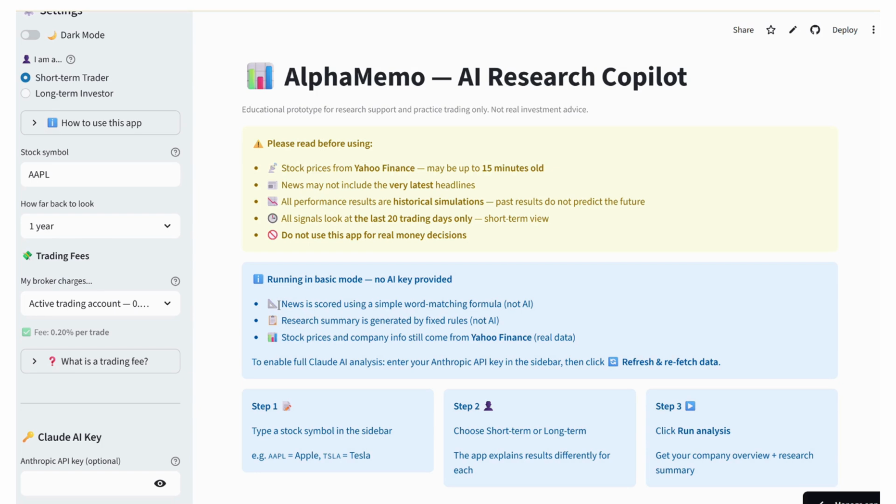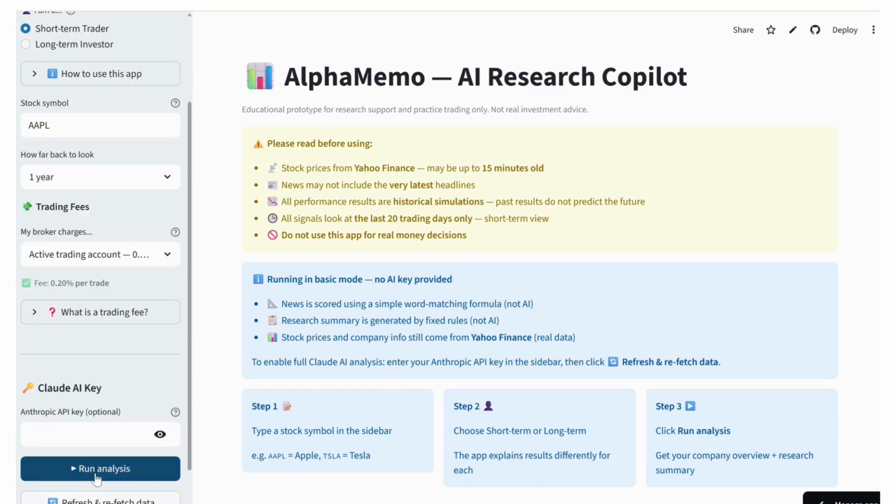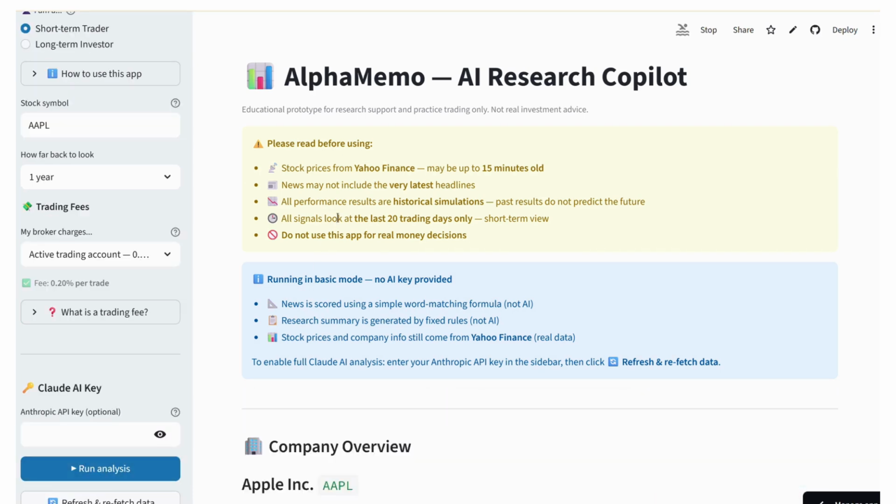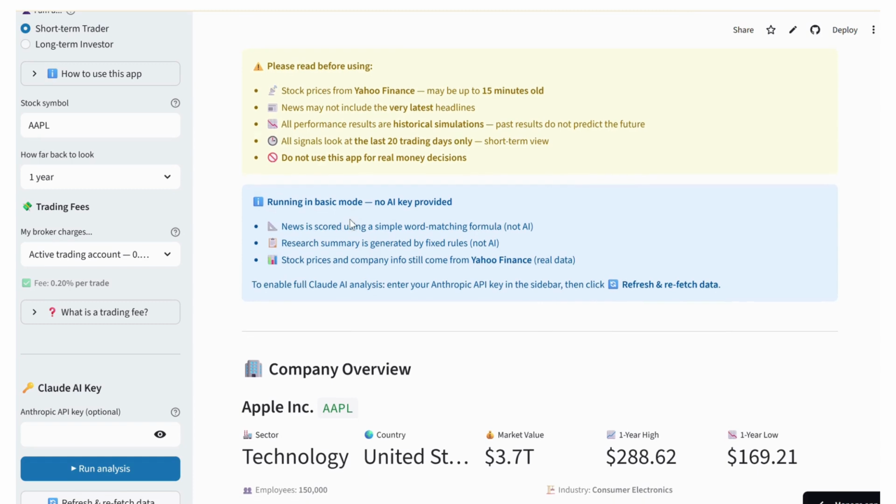At this blue box, the blue box says running basic mode, no API key, but the app still works without a key. Stock price and company info still come from Yahoo Finance.